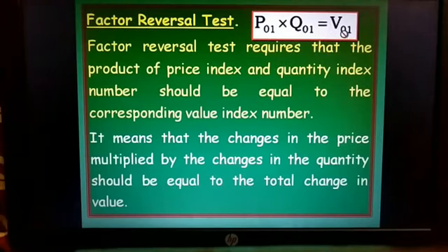Then such an index number is said to satisfy factor reversal test. It means that the change in the price multiplied by the change in the quantity should be equal to the total change in the value.